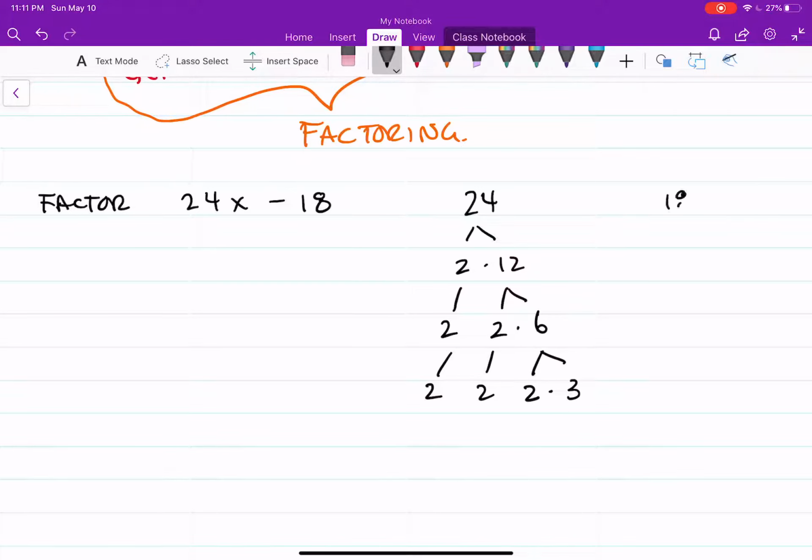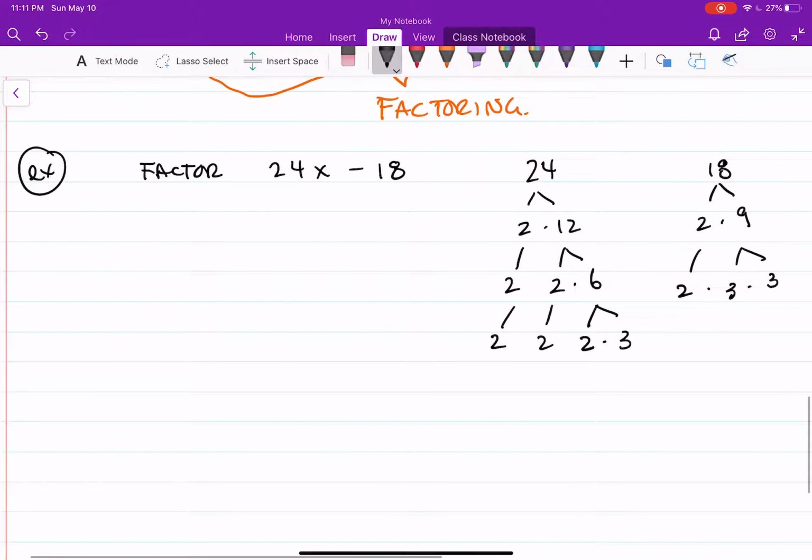And 18. Okay, so if I look at that, I have 24 breaks down to 2 times 2 times 2 times 3 times x minus, and 18 is 2 times 3 times 3.